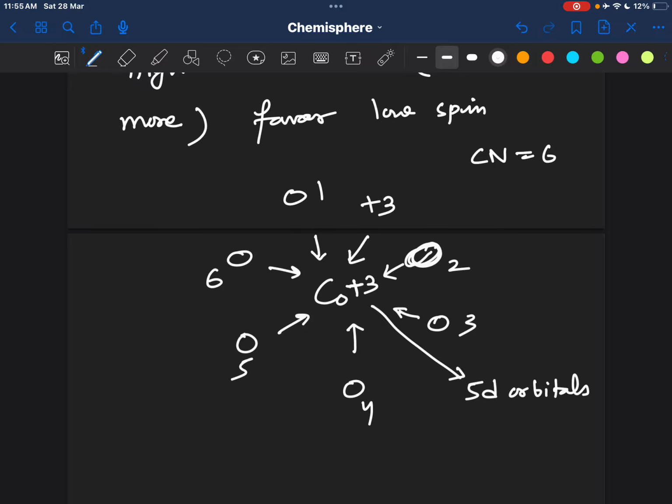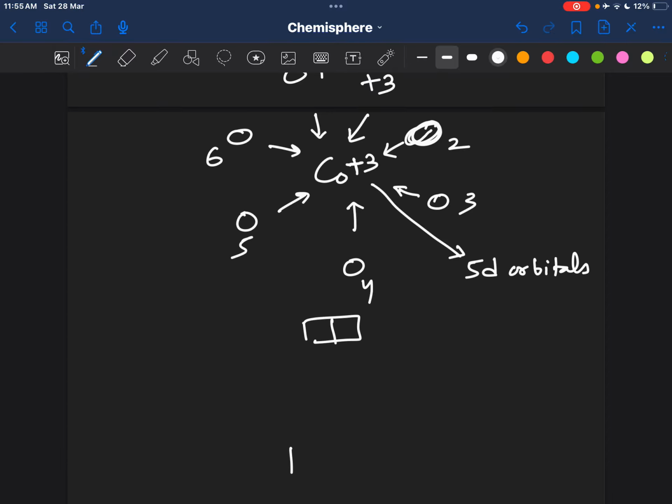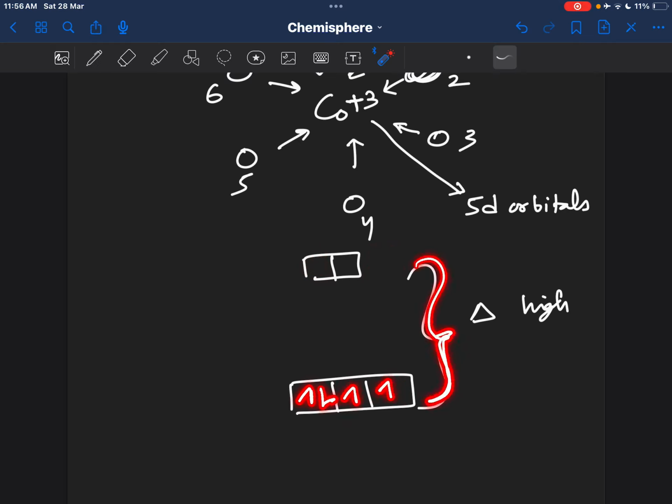Because of these high repulsions, the splitting of d orbitals is higher. So the crystal field splitting energy between them will be high. So after the third electron, instead of going to Eg, this doesn't happen. What they do is they start pairing up, because this energy is very high, so they won't be able to go to the Eg.